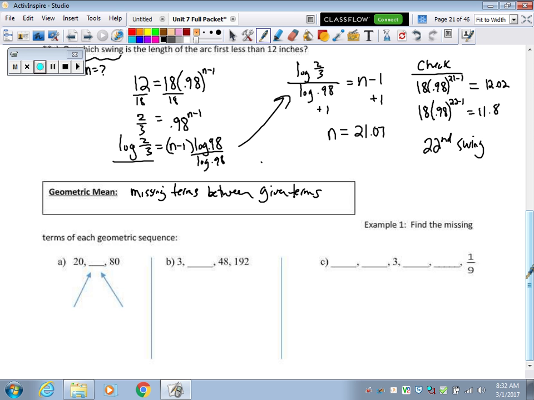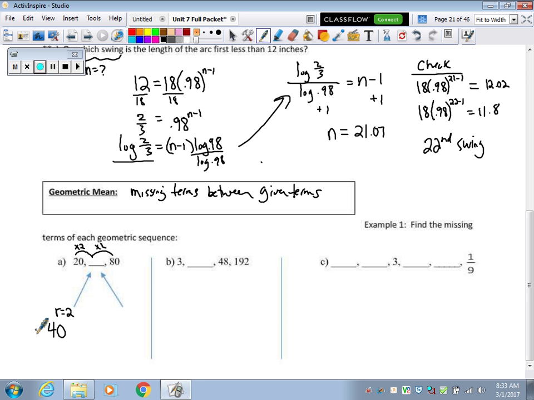So for this first one, 20 to something to 80. Now remember, you're multiplying. I think most people can figure out that you'd be multiplying by 2. And if you're multiplying by 2, then the missing number will be a 40, right? 20 times 2 is 40.